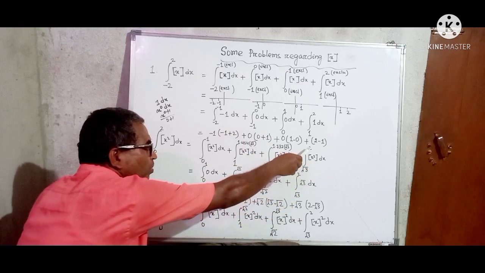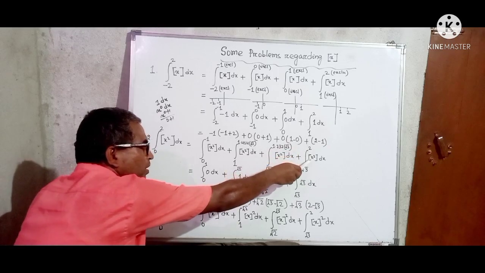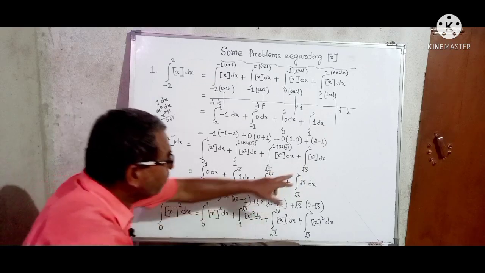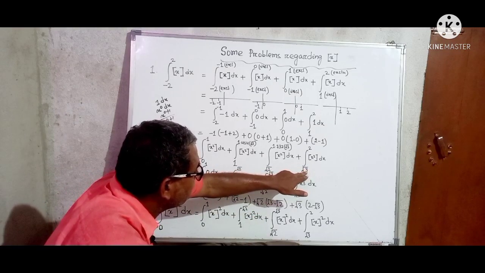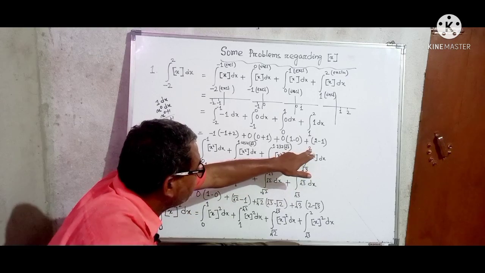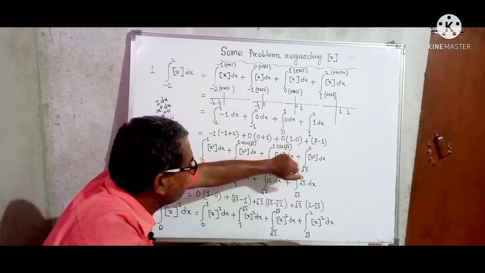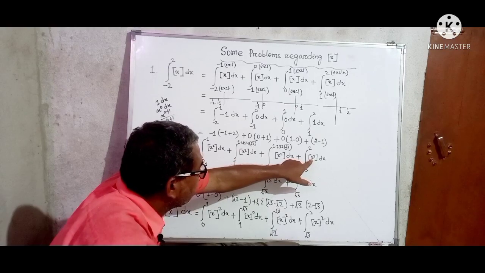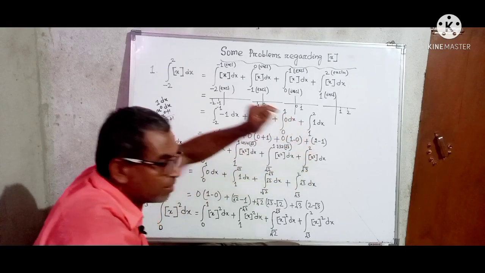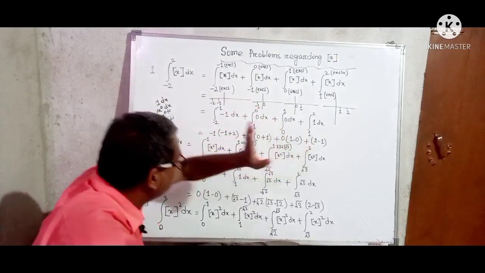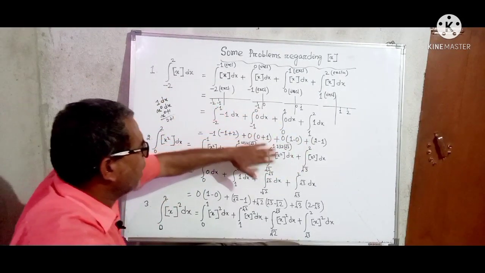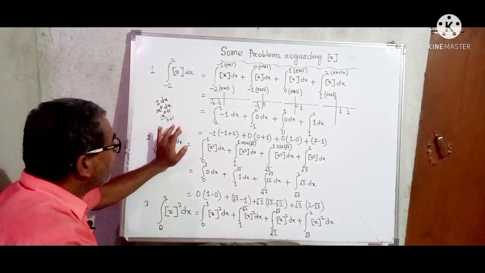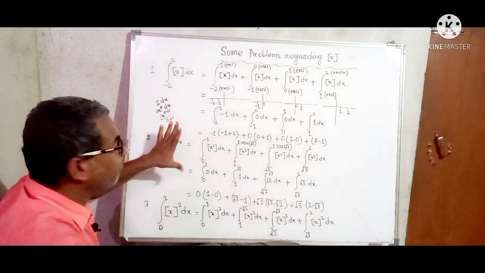Then root 3 to 2: the value of x square, the squaring of the values from x equal to root 3 up to x equal to 2, is continuous. That is why I have resolved it like this. You cannot resolve arbitrarily, randomly.